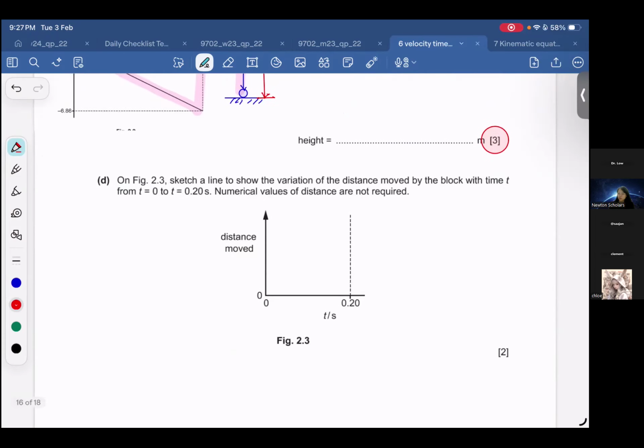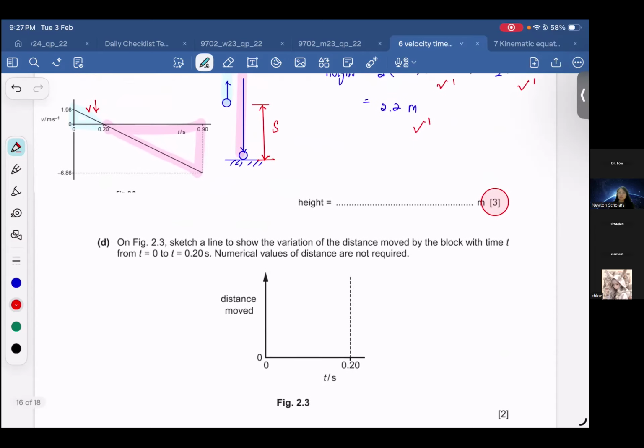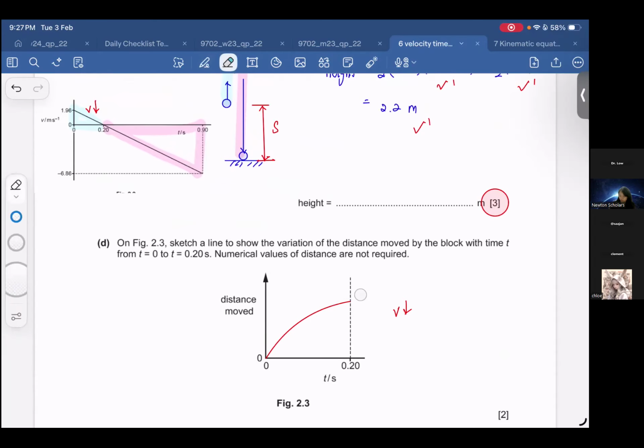So how are you going to plot the distance time graph when velocity decreases? Okay, my answer is it should be like this. If I draw the gradient, can you see that the gradient decreases? Less steep, meaning that velocity decreases. The answer should be this. You should curve in this way.